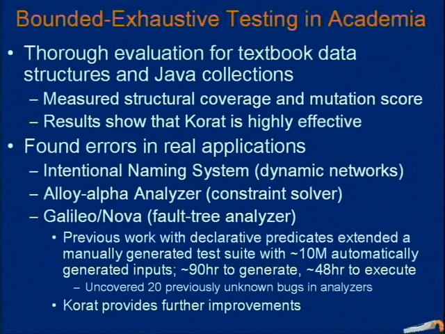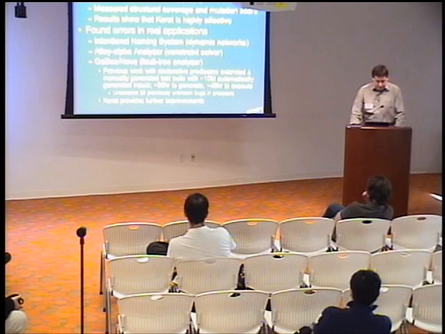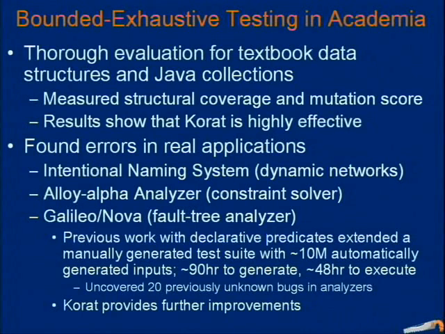There was some work also done by some other people initially on testing something called fault tree analyzers. Basically, these are the programs that take as input something called a fault tree. This fault tree describes how a system can fail based on how the subsystems can fail. Details don't matter, but the point is that the input is, again, structurally complex data, something for which these tools are very well suited.